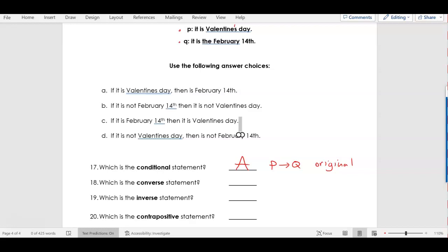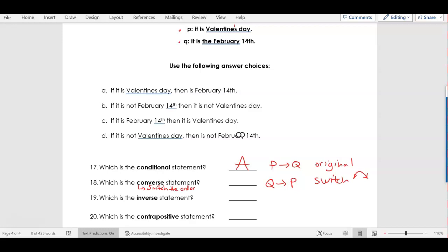Now, converse. Okay. When I think of converse, I think of switch the order, like I'm tying some Converse shoes. So instead of P arrow Q, it's going to be Q arrow P. Okay, that's the switch one. So I'm going to take Valentine's Day and February 14th and just switch them.